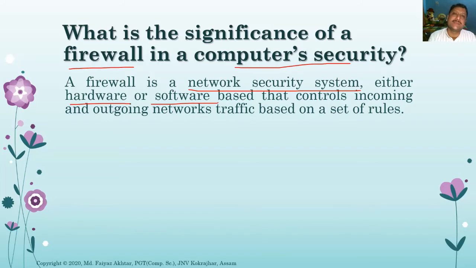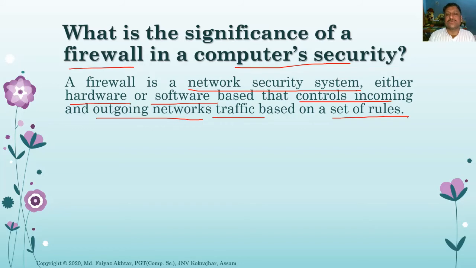It comes along with hardware also. A firewall is a piece of hardware, and a firewall is also software. Generally the operating system provides the firewall as a piece of software. What is the use of this firewall? It controls incoming and outgoing network traffic based on a set of rules.